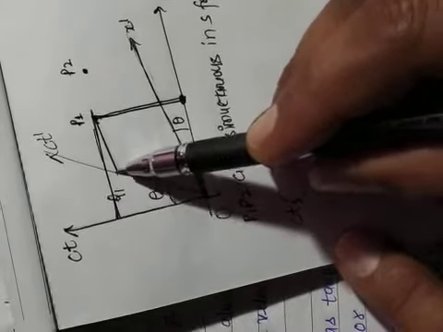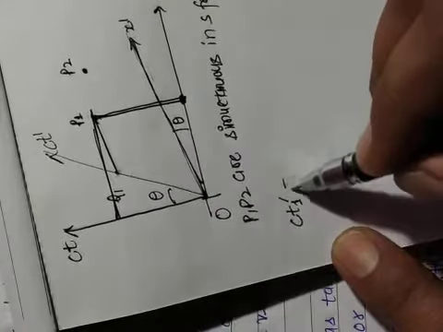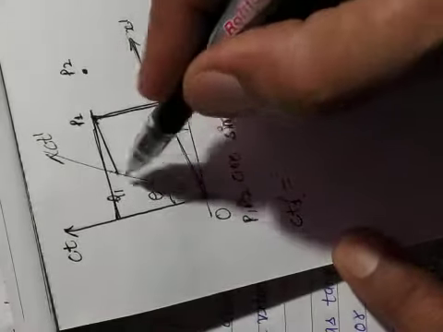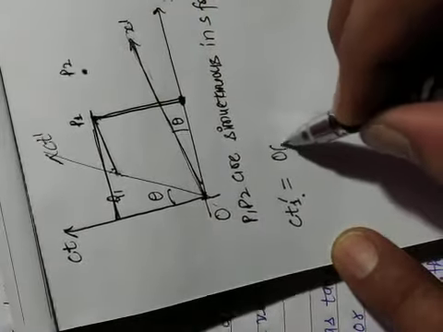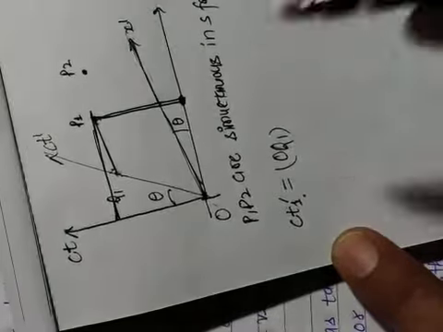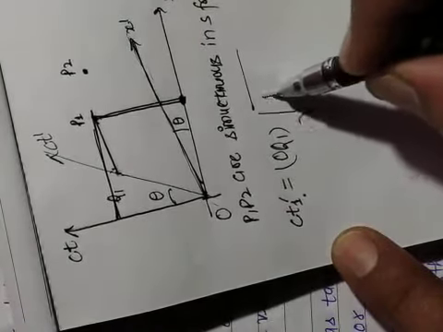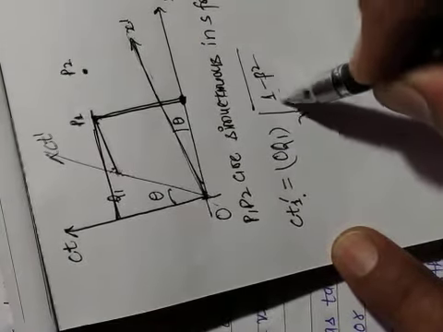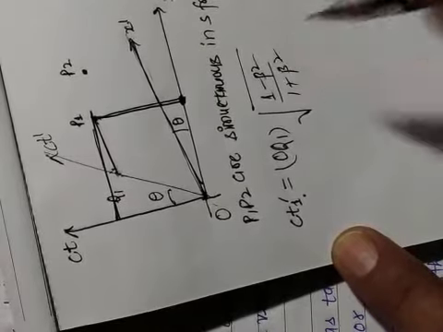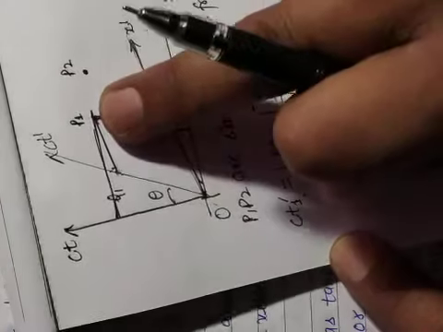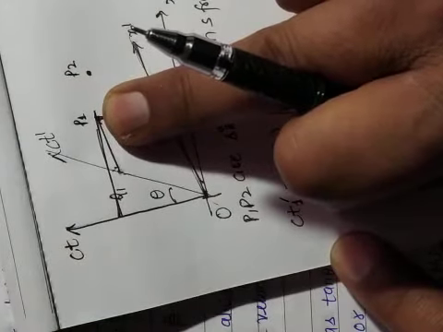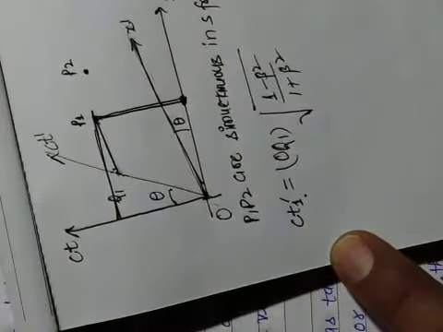The method is to measure OQ1, and multiply by the factor 1 minus beta square over 1 plus beta square. This is the CT prime coordinate of this event which occurs at point P1 in the S prime frame.